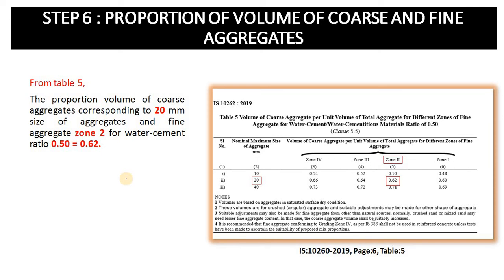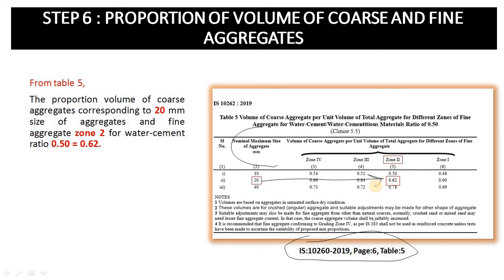Now coming on to the IS 10262, page number 6, table number 5, you will have the nominal maximum size of aggregate, and we have to see the zone of the coarse aggregate. The zone of the coarse aggregate provided in our data is zone 2, and the maximum size of aggregate is 20 mm. So we have the ratio as 0.62.